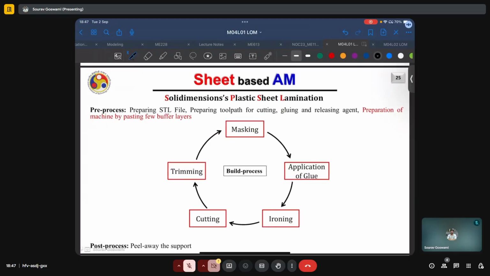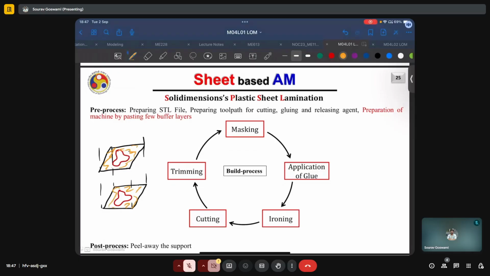So what essentially happens is that, say, between one layer and the next, say if this is my useful contour, and all of these regions in yellow are essentially have to be removed away.